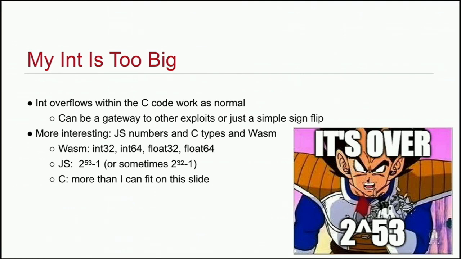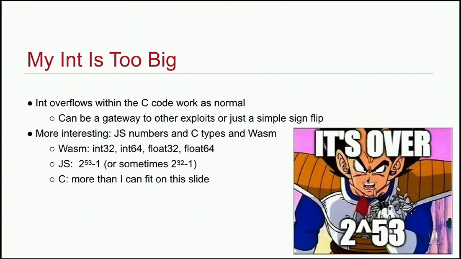So in the plain C world, Wasm isn't doing anything to defend you against these. If you have a straight up C integer overflow, it's still going to work fine. The interesting part here is that now we're throwing Wasm and JavaScript into the mix, and they all have their own integer types with their own maximum values, and everyone's different. I'm not going to list off all the different types in C. There's a ton. Wasm has int32, int64, float32, and float64.